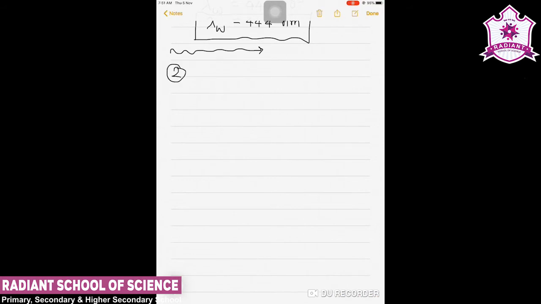For the second question, it is given that light is diverging from a point source, and we have to determine the shape of the wavefront.